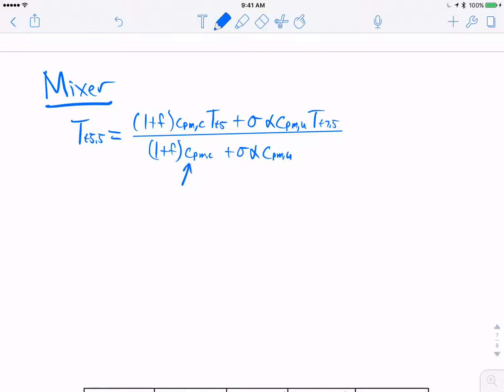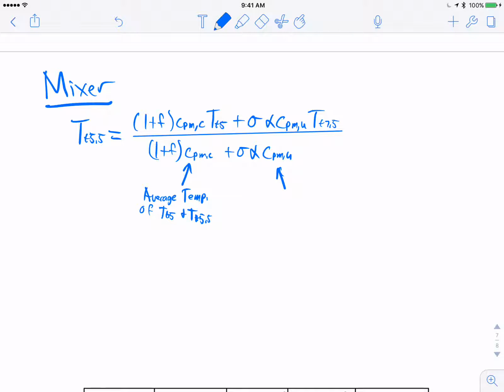In the core, we're going to be evaluating those properties at the average temperature of TT5 and TT5.5.